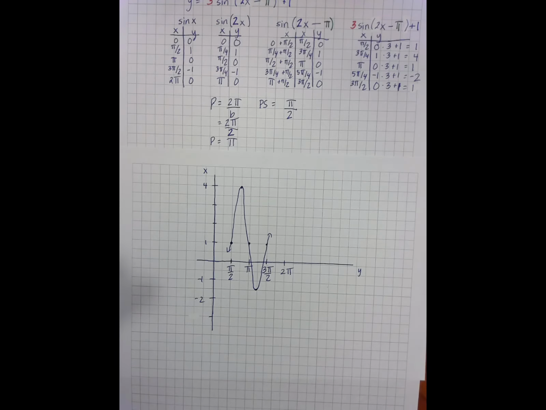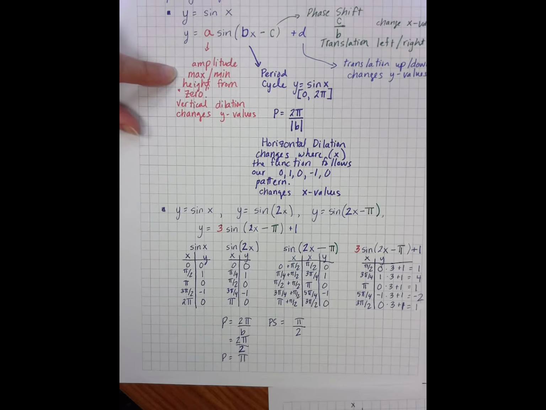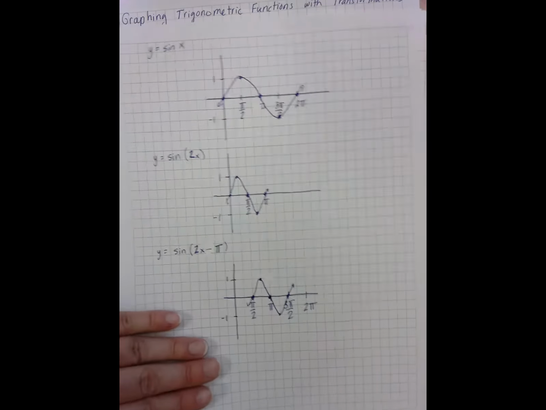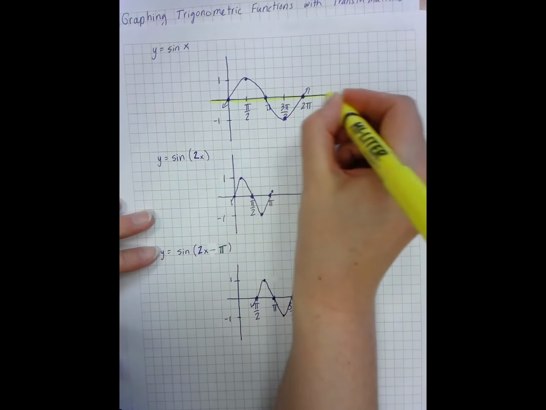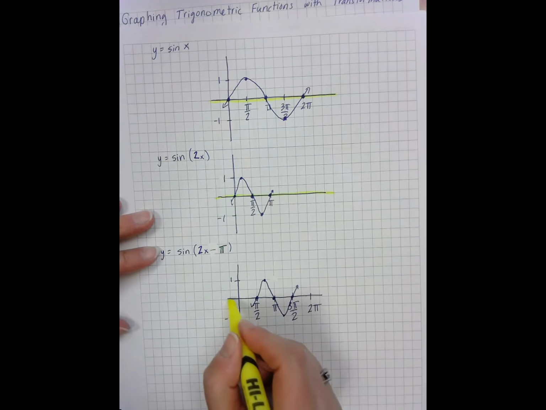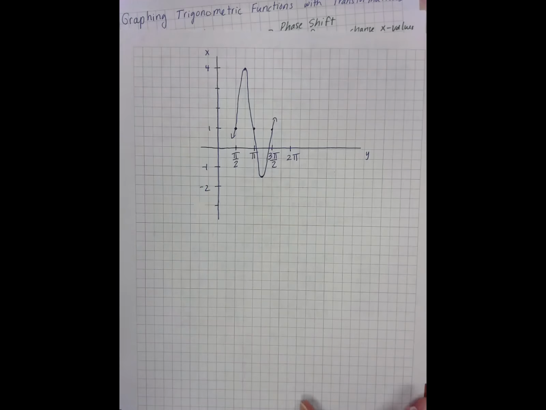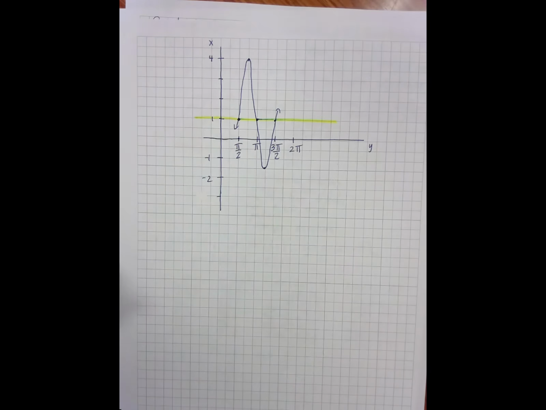So at the beginning of these notes, I talked about this idea of 0. We talked about the amplitude being the maximum height and minimum height from 0. So if we look at these 4 graphs, in our first 3 graphs, because we didn't change our up-down translation, our 0 was 0. However, when we changed our up-down translation, our new 0 became 1.